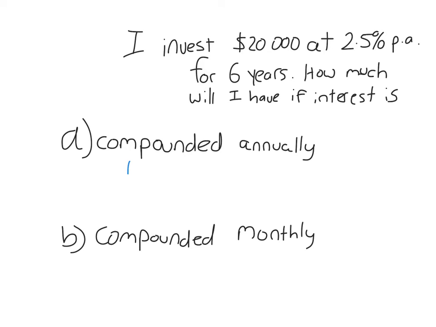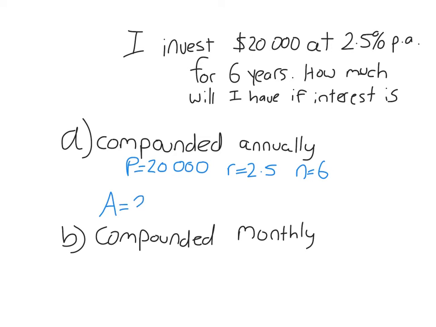So here I've invested $20,000, so that's my initial amount. The rate is 2.5% per year. And if it's compounded annually for 6 years, that means the interest will be recalculated 6 times. It's going to be increased 6 times. So I just use the formula.